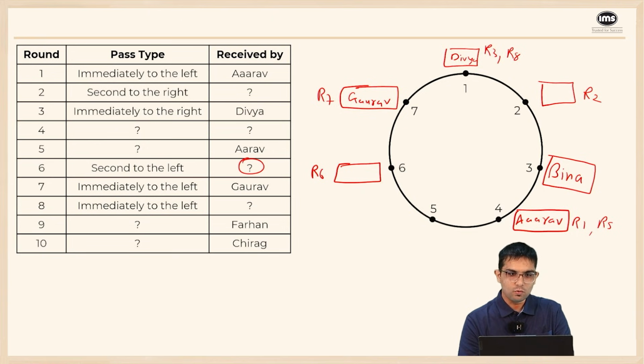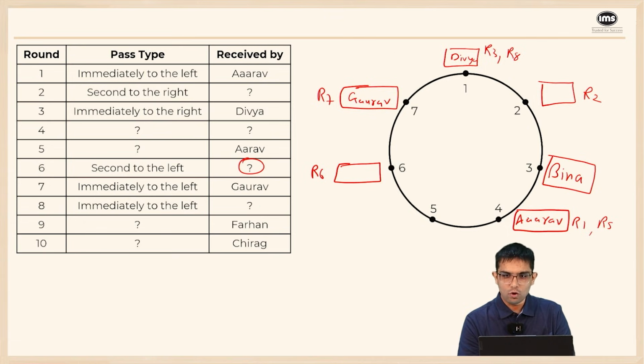Now Divya is passing to Farhan. So Divya cannot pass it immediately right because it's Gaurav. She cannot pass 2 to the left because it is Beena. So it is either immediate left or 2 to the right. But if she passes immediate left, that means if the second chair is Farhan, then in the other case Farhan has to pass it to Chirag.